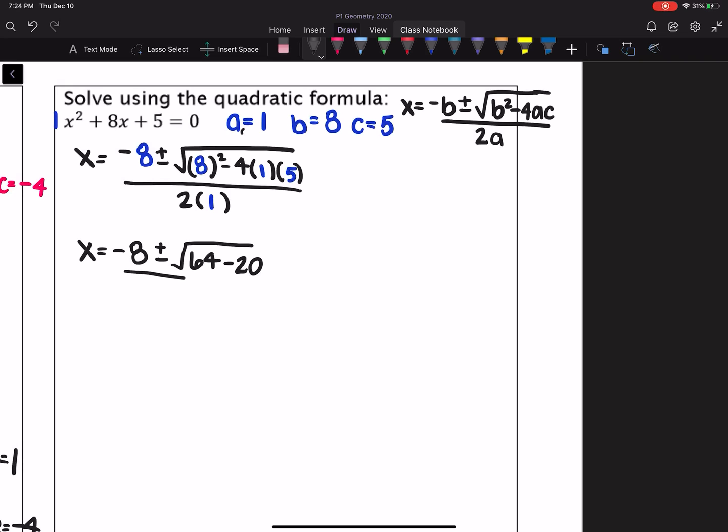And that again is all over 2 times 1, or just 2. I'll want to simplify even further. 64 minus 20 is 44.